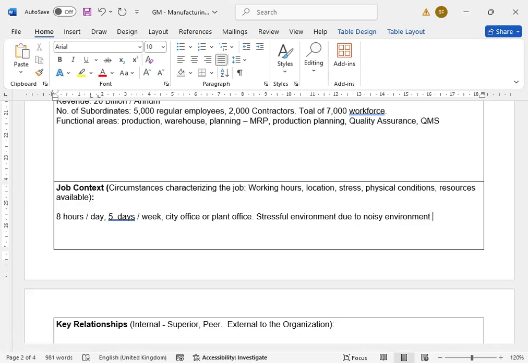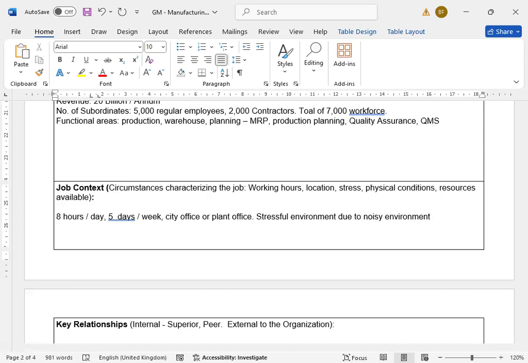Then the health and safety managers will measure the noise in the plant so that they will know whether the employees will need to have PPE, ear muffs or ear plugs.